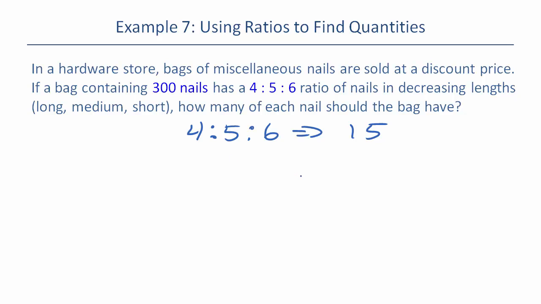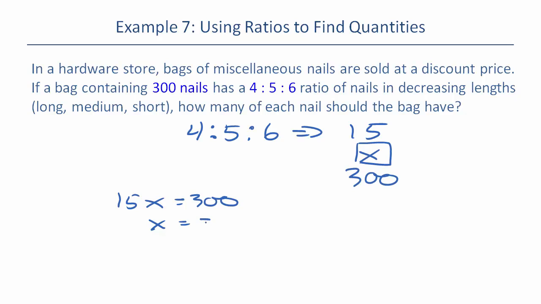But we don't have 15 nails. We have 300. So what's the multiplier? Well, set it up the same way we did before. 15 times this x has to equal 300. x equals 300 divided by 15, which equals 20. 20 is our multiplier. Multiply everything by 20.